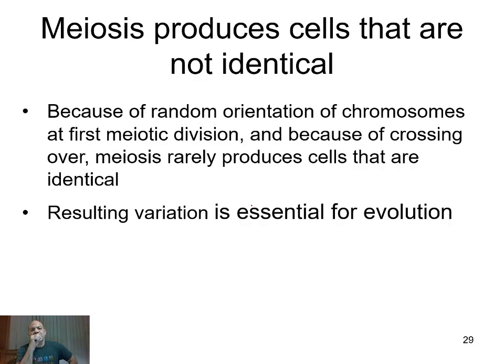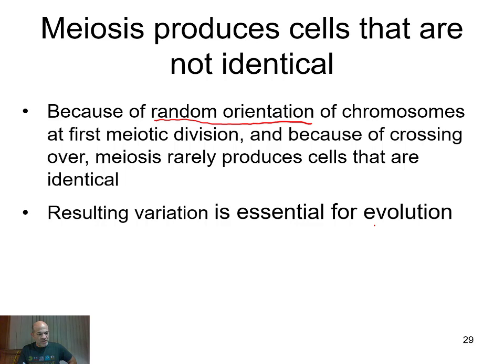So remember, meiosis is going to produce cells that are not identical genetically. What are the two reasons for that? One is the random orientation of each pair of chromosomes on the metaphase plate. They line up as pairs, and the way they line up, each pair is independent of the other one. And remember, for the most part, if we ignore crossing over, one chromosome is paternal, one is maternal.